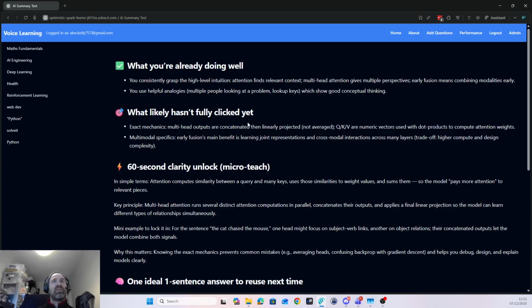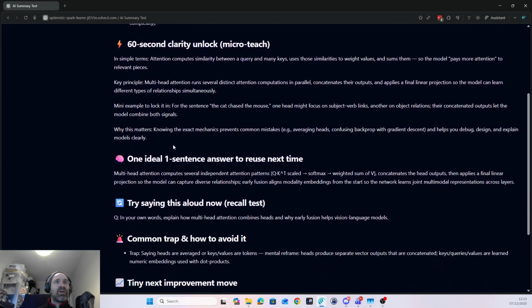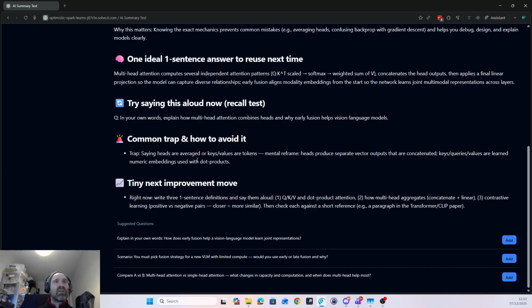So deep learning, talking about the QKV and the things that I've got wrong and things that I should work on. Yeah, so tiny improvements right now.